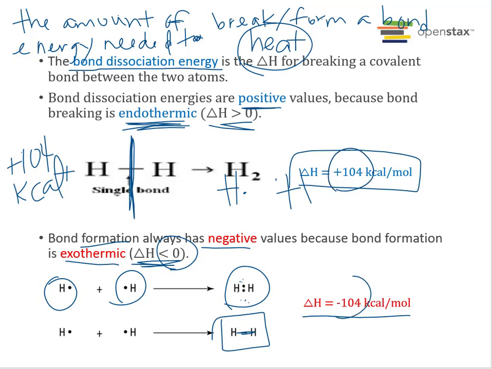So same number, opposite signs, because when I form a bond, it releases this energy that's being released as part of my product. 104 kcals.